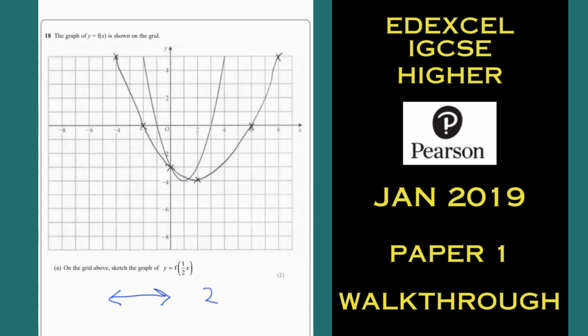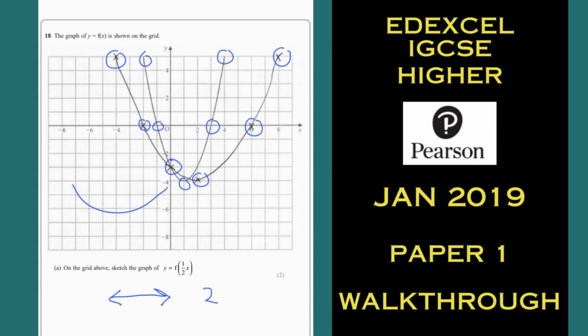So the x coordinate of this is -2. Double it. That's 4. Double it to 8. That's 3. Double it to 6. That's -1. Yeah, double it to -2. That's on the axis, so it stays there. And its minimum point, that x coordinate is 1, you need to double it to 2. So ultimately, you get the wider bowl shape.